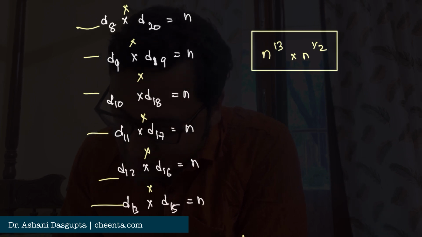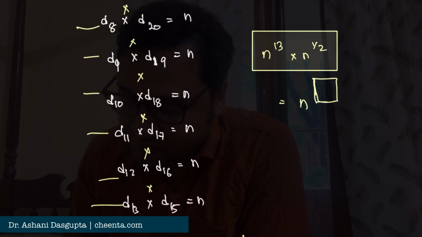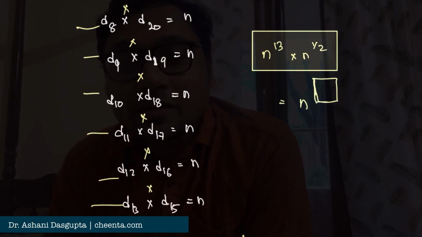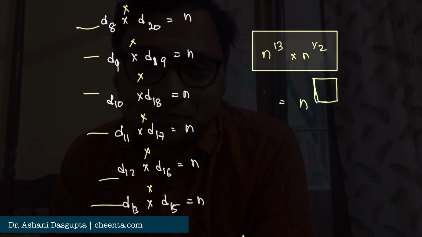So this is equal to n to the power something, and I'll give this to you as a challenge question. You can write down the final answer in the comment section.